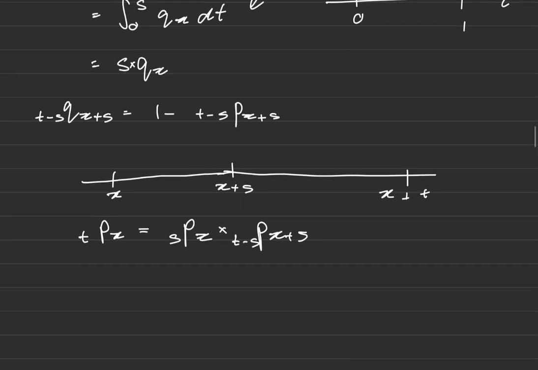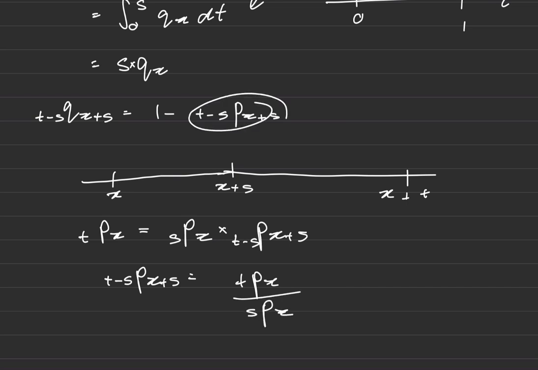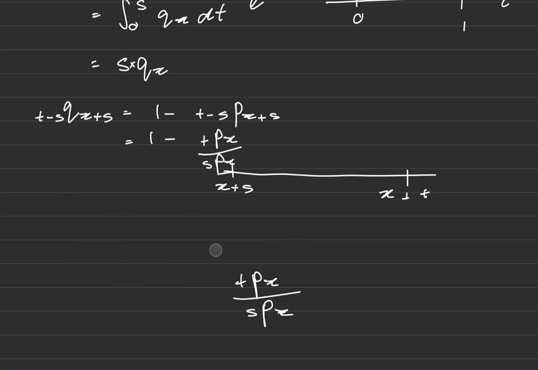So I can then say t minus s p x plus s is equal to tpx over spx. Okay, so I can replace this with this. So let's do that. I have 1 minus tpx over spx. And then let me remove all of this.